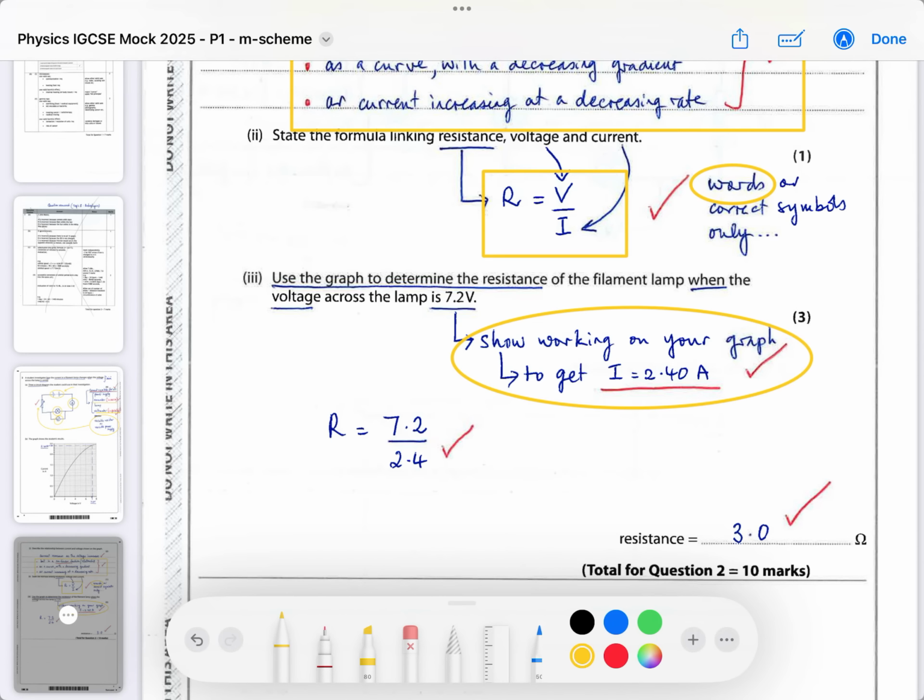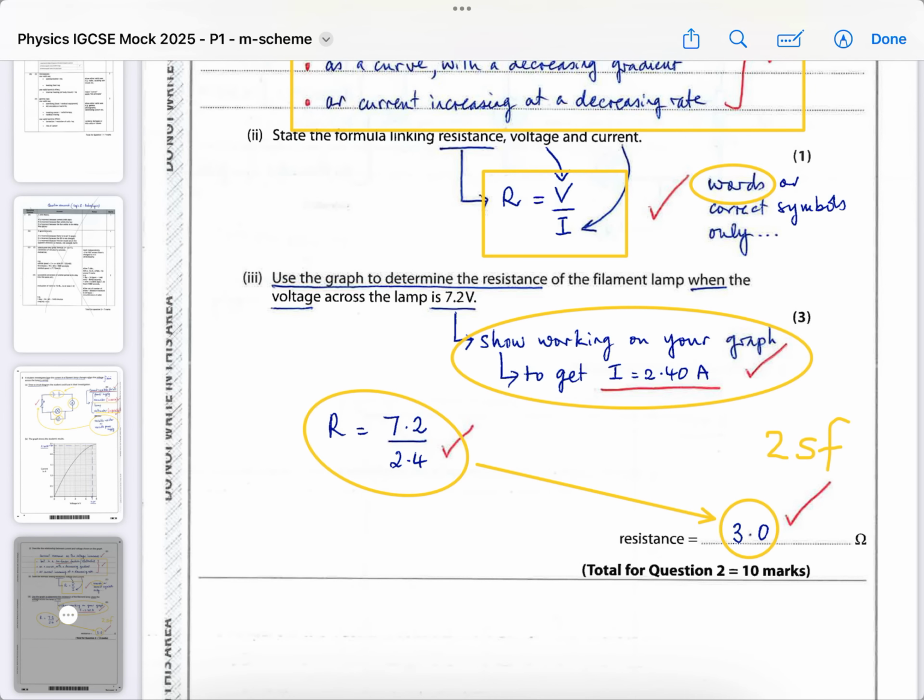And at that point on the graph, the resistance will be equal to 7.2 over 2.4. Both values are given to two significant figures, so your final answer should also be given to two significant figures. That's important, that you realize why you put the decimal place in there. The 0 after the 4 is significant because it shows that you know why you're giving the decimal place.